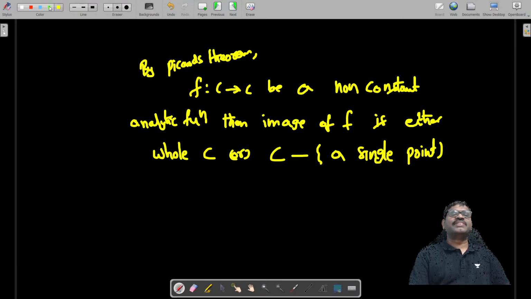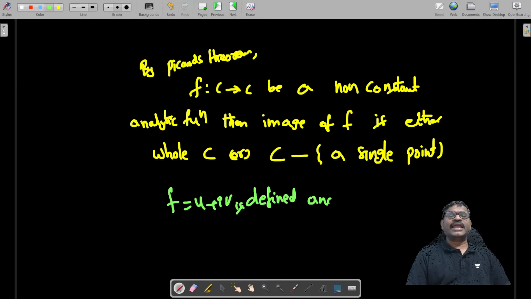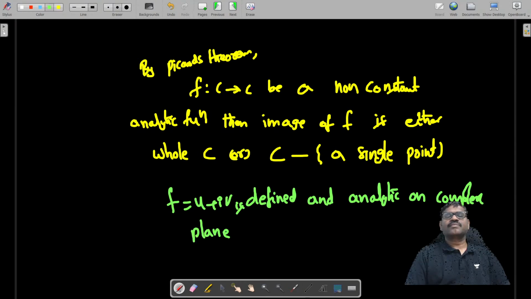In this problem, it is given that f of z equal to u plus iv is defined and analytic on the complex plane, satisfying 2u square plus 3v square equal to 1.